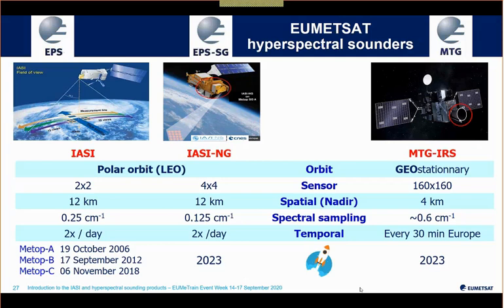And there will be MTG-IRS, MTG standing for METEOSAT third generation. So this will be a geostationary infrared sounder that will have a... So I'm seeing questions now. Can you talk about moisture feature tracked horizontal wind retrievals in the triplet?